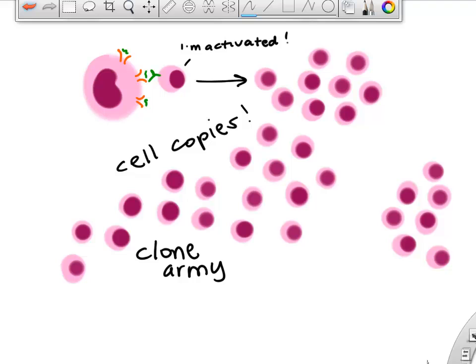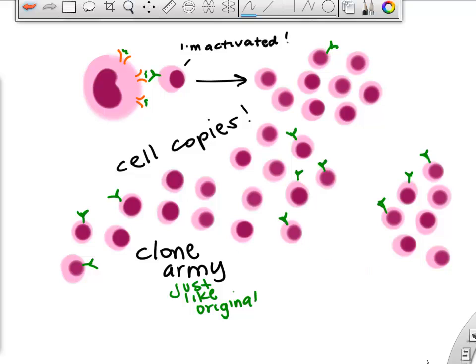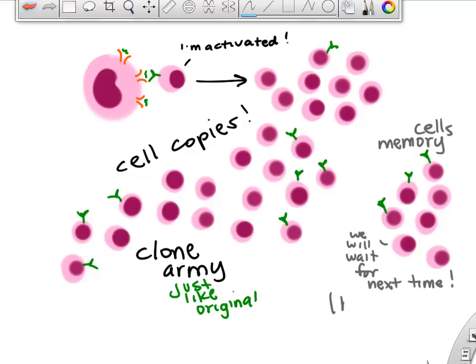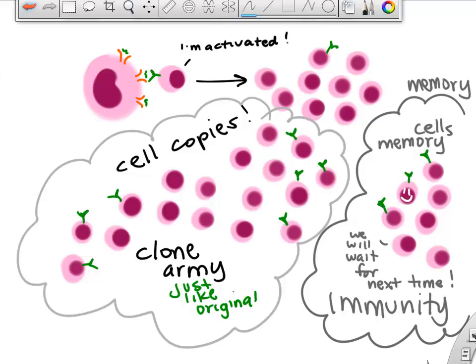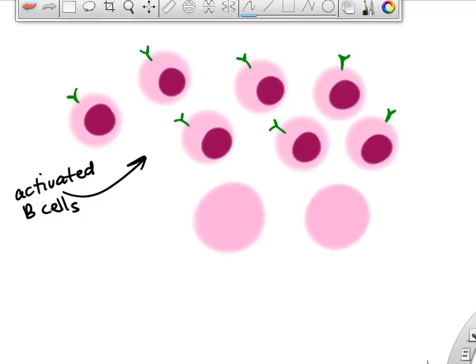Some people like to call that the clone army, because all those little lymphocytes will now look like the original cell that was activated. We'll also save some memory cells for next time you get the same infection. The memory cells will wait maybe till next year or a couple months when you get attacked by the same thing. So that's the idea of immunity, that you have memory due to these activated lymphocytes. And then of course you have the clone army, which can go out and defend you right away.